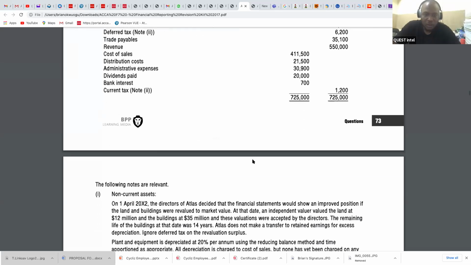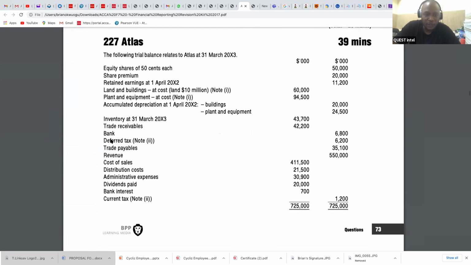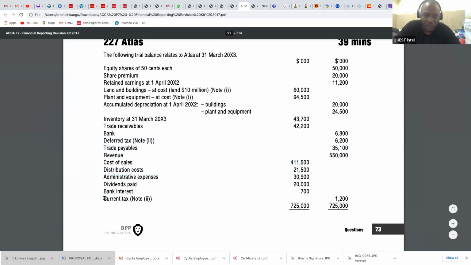Okay, so we have our notes now. This deferred tax on top is your opening deferred tax, the 6.2. Then your current tax here is your add or less under or over provision. It's on the credit side, so it's an over provision and it should subtract. If it were on the debit side, it would be an under provision, which is an expense.